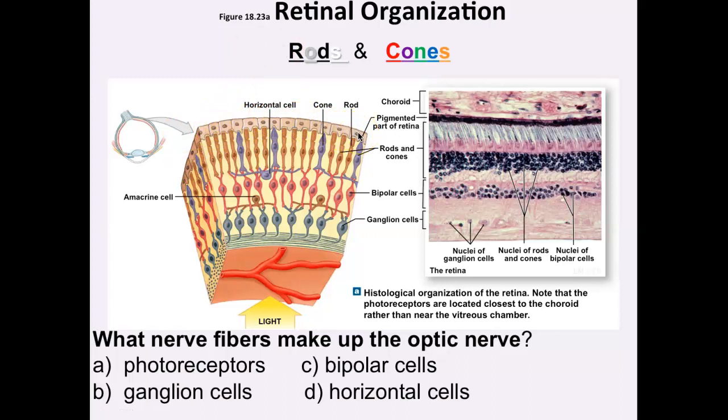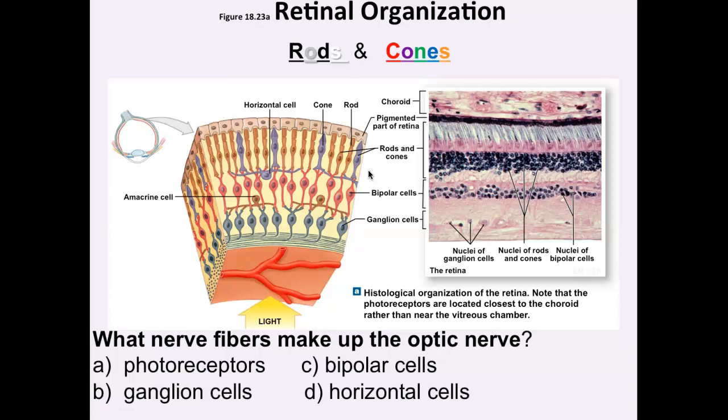We want to control the amount of light that's in the back of the eye, and it turns out the human eye doesn't really like all that much light. So there's our dark pigmented layer, and then we have several layers of neurons, 3 layers of major neurons that you guys need to know, and then there's other neurons there that I'm going to ignore. Okay, so you guys need to know these 3 basic layers.